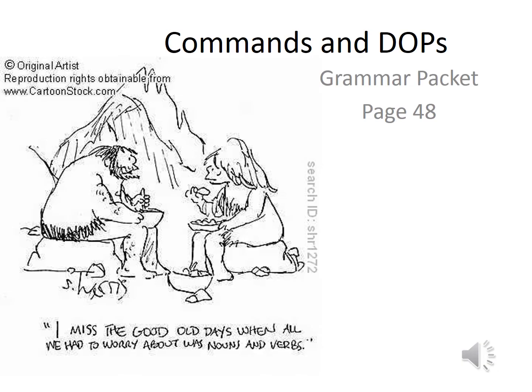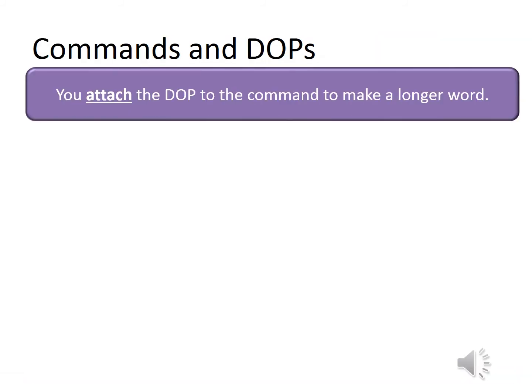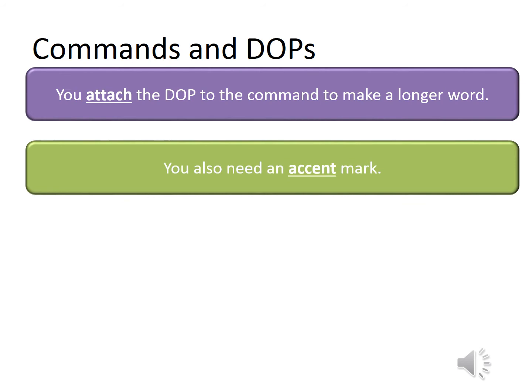This next section looks at what we do with a direct object pronoun, or lo, la, los, and las, when we use them with positive commands. When we use a DOP with a command, we attach the DOP right to the command to make a longer word. We're adding an extra syllable, so we need to add an accent mark.